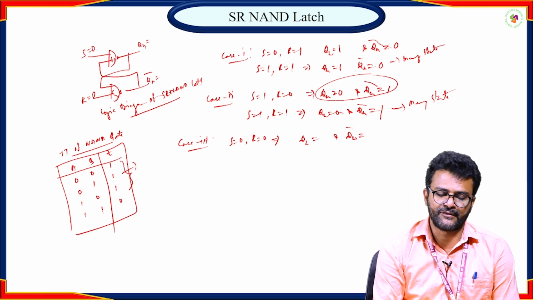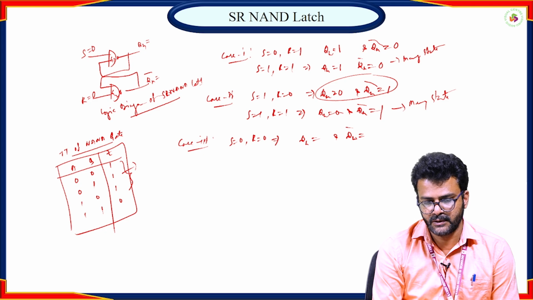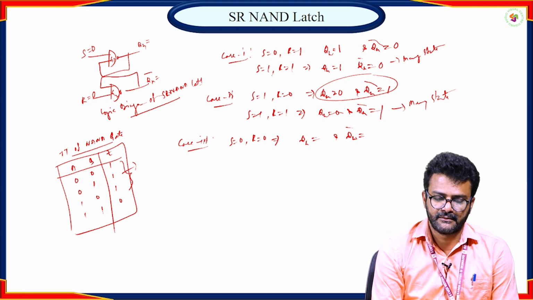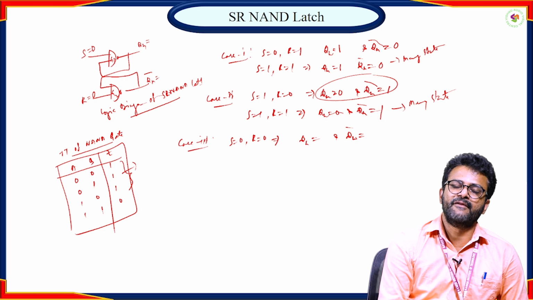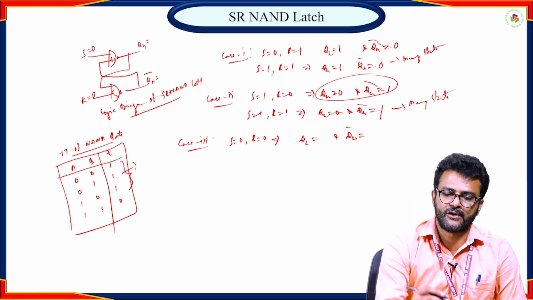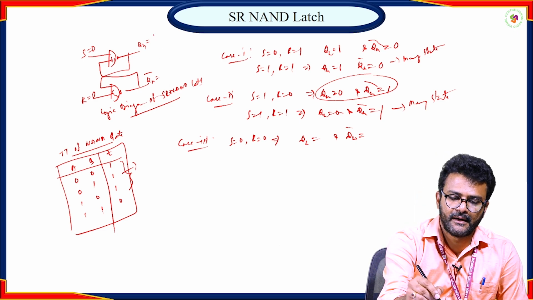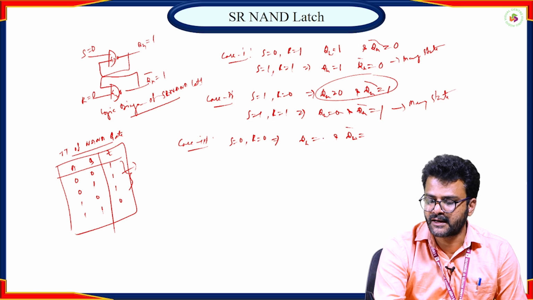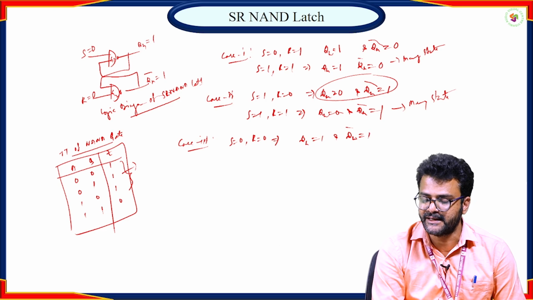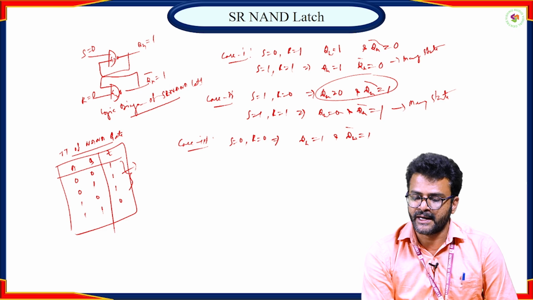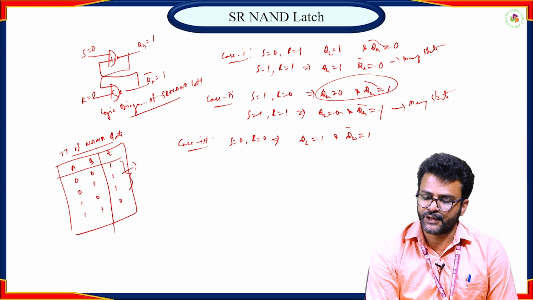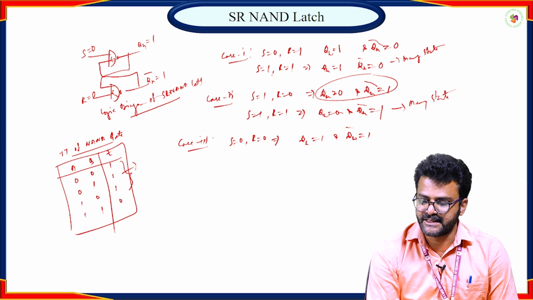If any one of the inputs to the NAND gate is 0, the output is 1. In this scenario, both S and R values are 0, 0. So automatically Qn and Qn bar are both 1, 1, which is not a valid state. Why? Because if the Qn value is 1, Qn bar should be 0. But in this scenario, both Qn and Qn bar are the same, which is not valid.